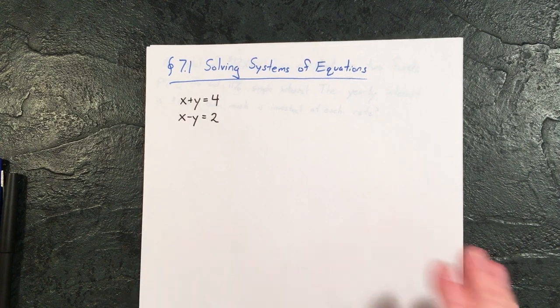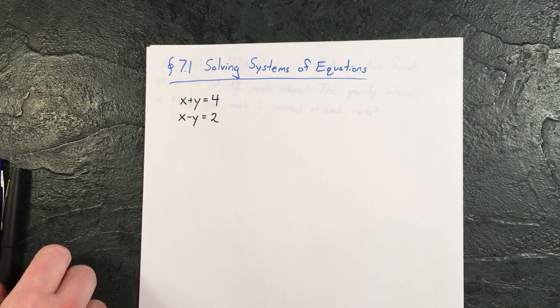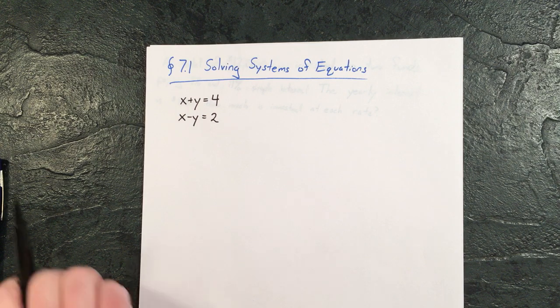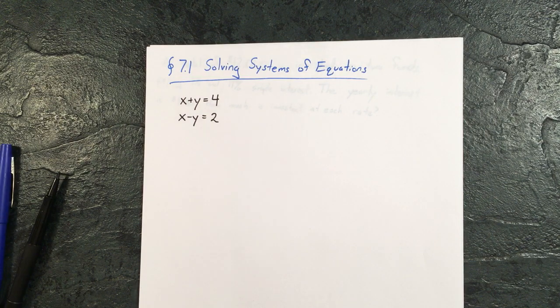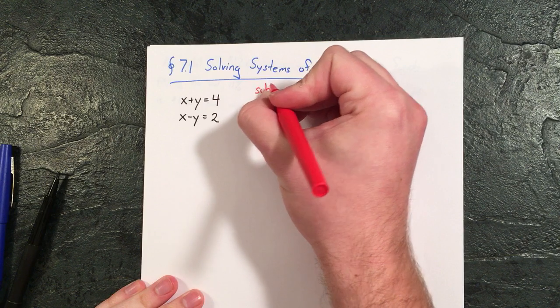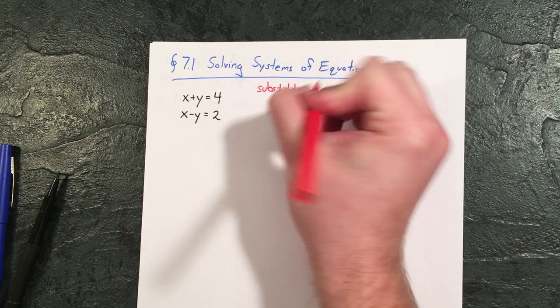With that, let's look at section 7.1, which is all about solving systems of equations. If we have x plus y equals 4 and x minus y equals 2, there are a couple of different ways we could go about solving this. The way we're going to talk about today, which hopefully you've seen before, but if not, it's a good refresher, is substitution.